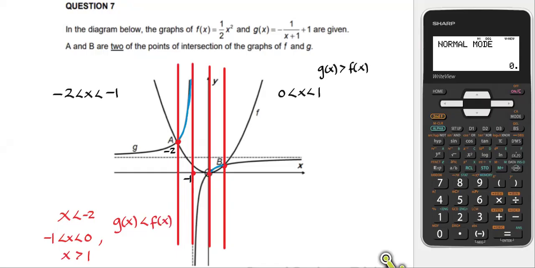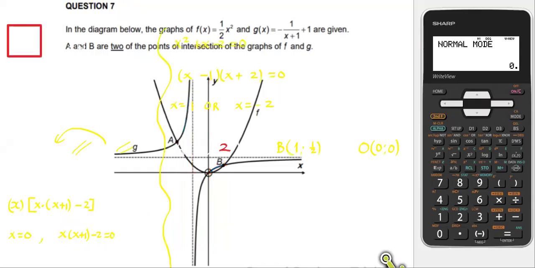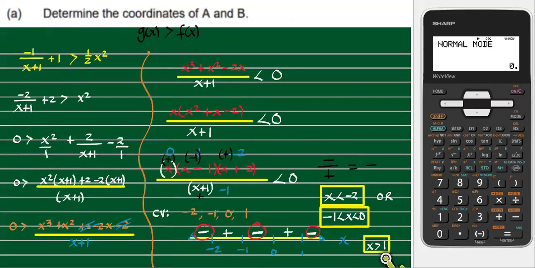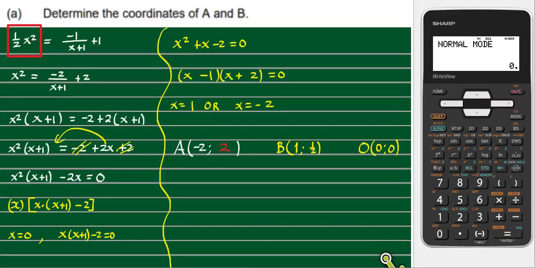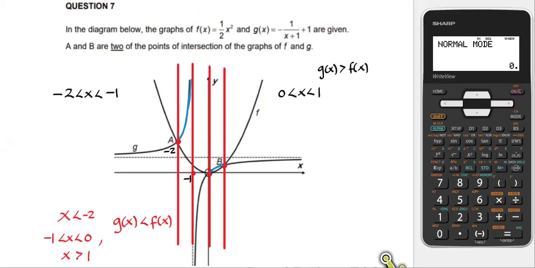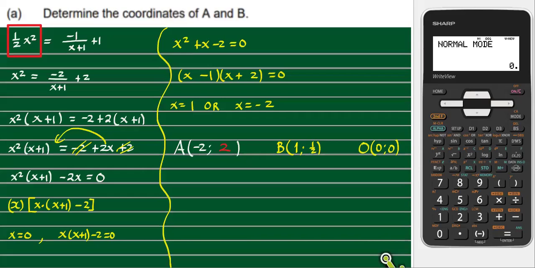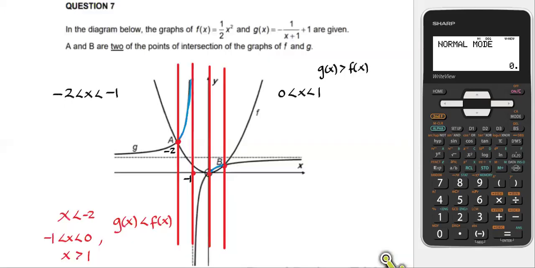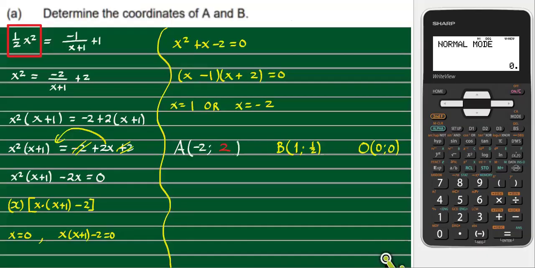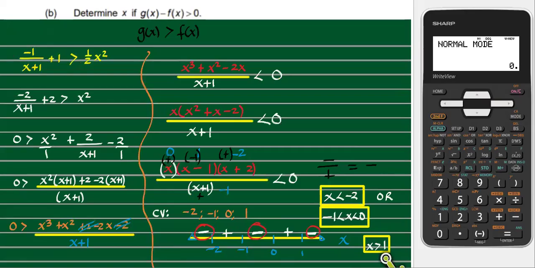All right, so let me look at what I gave you. First, I gave you x is less than minus 2, which was that one. And then I gave you minus 1 and 0, which was that one. And then greater than 1, this one.